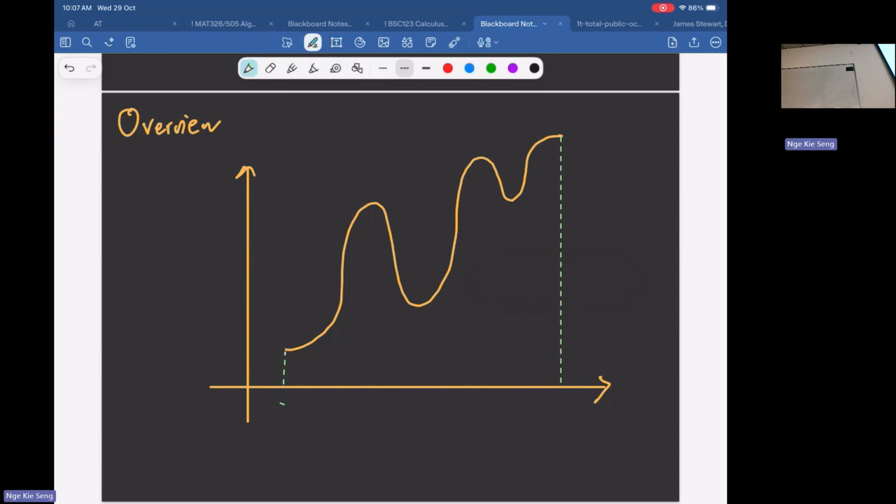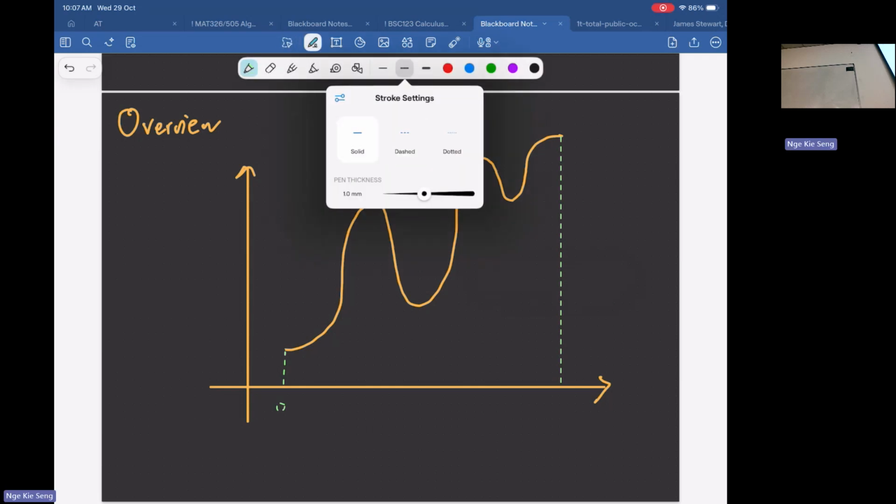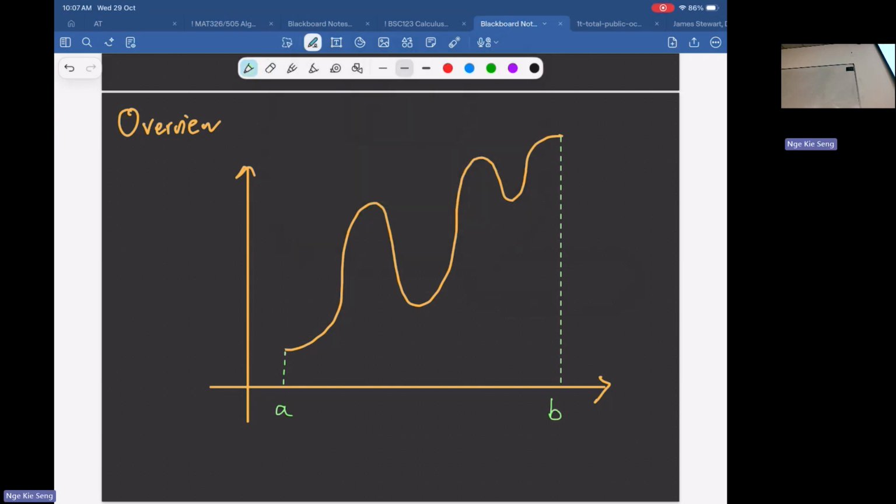The idea here is that we're going to use the derivative to help us determine what the shape of this graph is. What's the shape?